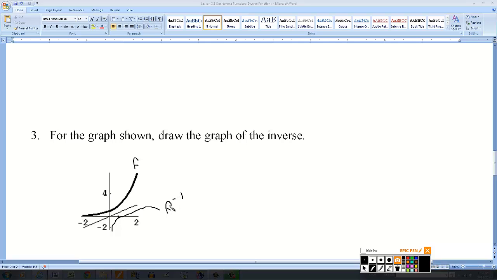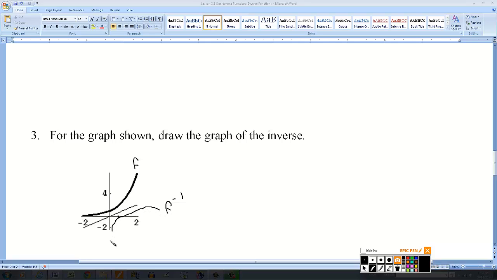Now, in the next lesson, I'll be looking at exponential functions. An exponential function has a graph that looks something like f. And then in the lesson after that, I'm going to be looking at logarithmic functions, and they'll have graphs something like what I have here for f inverse.